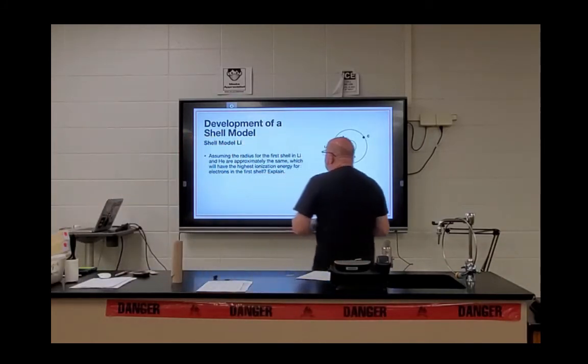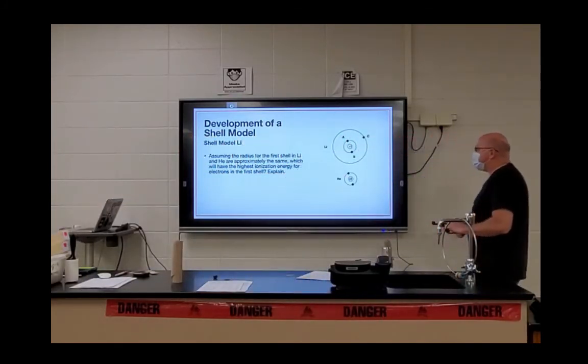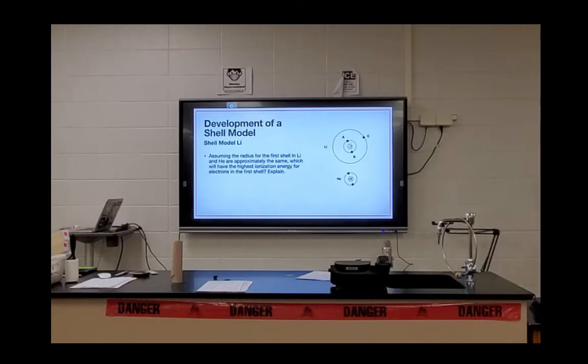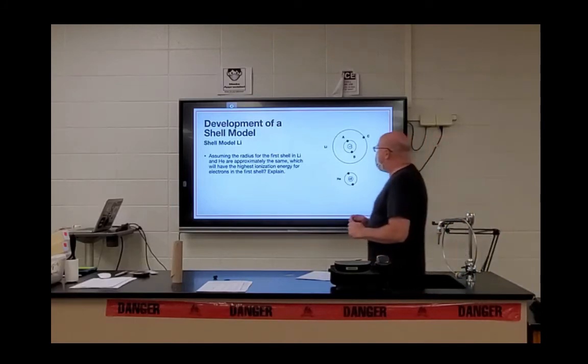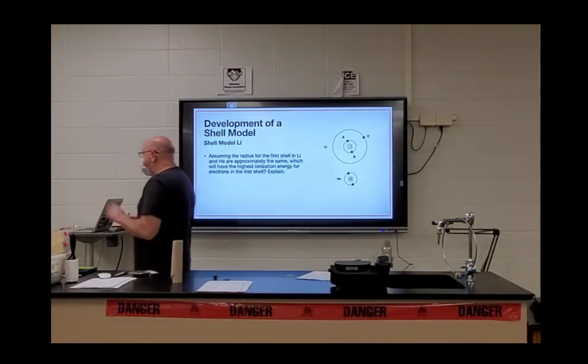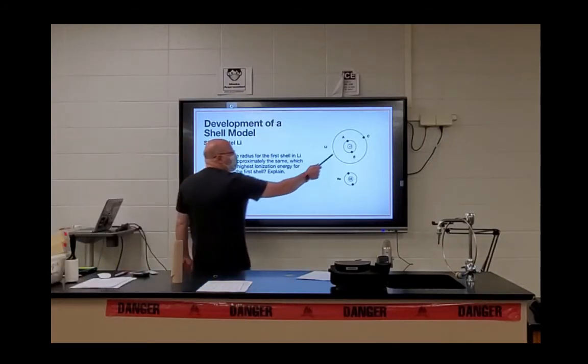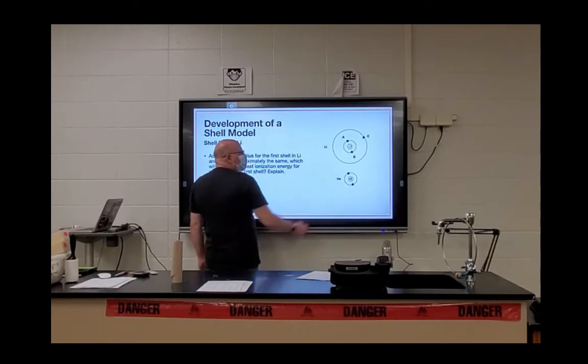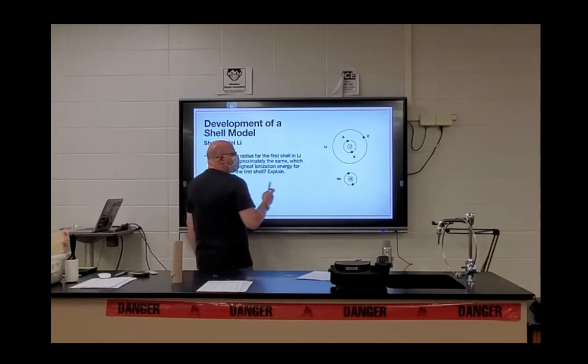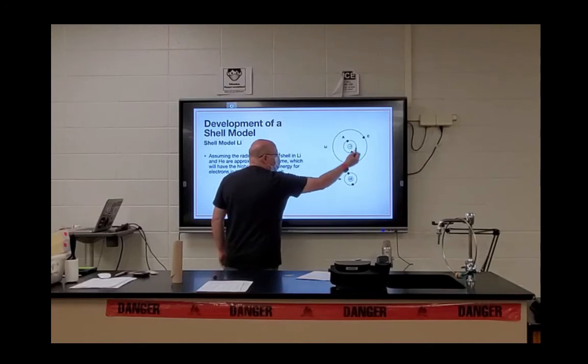Okay, assuming the radius for the first shell in lithium and helium are approximately the same, Ava, you just asked this question. Which will have the highest ionization energy for electrons in the first shell? So these 2, which one's going to have the highest ionization energy for the electrons in the first shell?